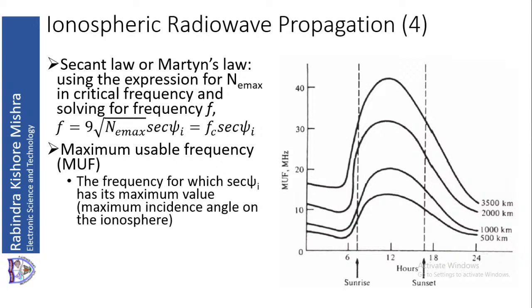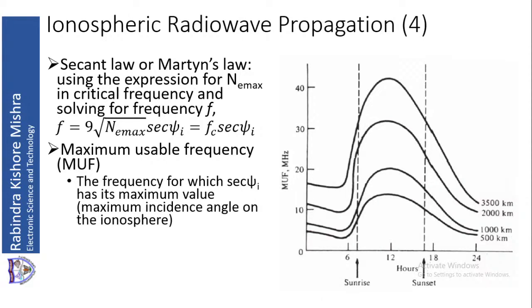So that is what is shown here. And the typical value for maximum usable frequency is less than 40 megahertz. It can go below 20 megahertz during low solar activity periods.